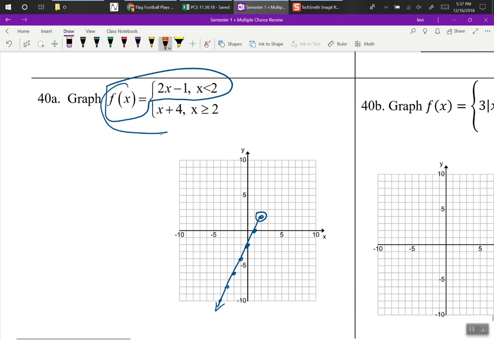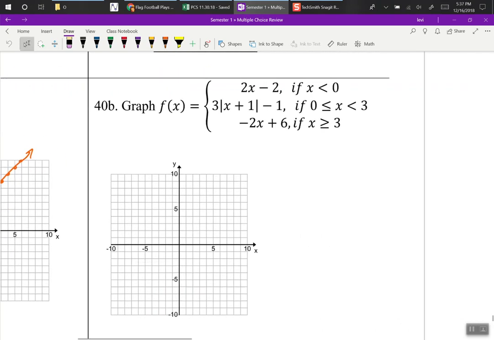And our next one, y-intercept is 4, slope is 1, up 1 over 1. I just want x values that are greater than or equal to 2, so I want to erase my first 2. Put a closed circle here at 2 because of the equal symbol.